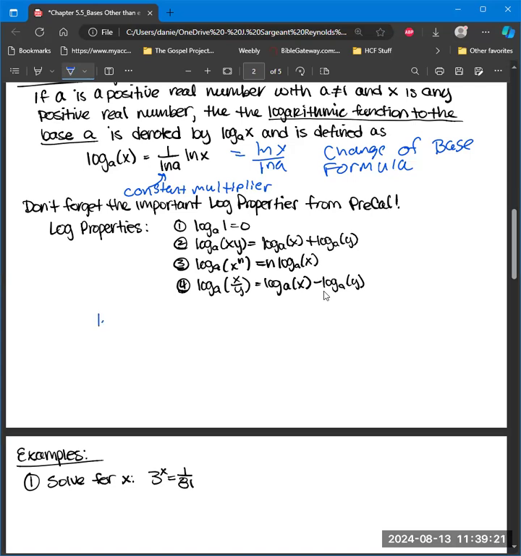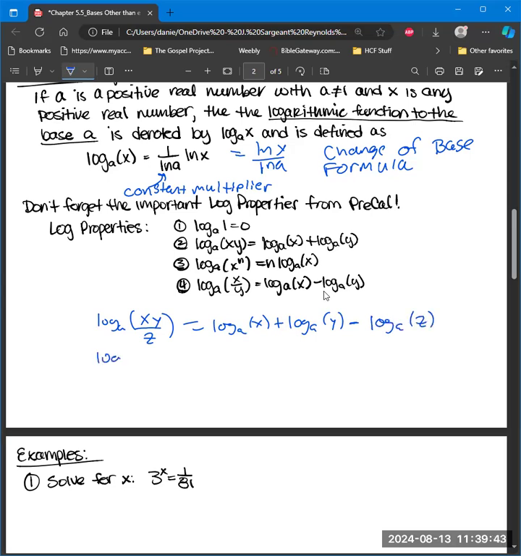So if I had something like log base a of xy over z, we would have log base a of x plus log base a of y. They stay positive because they're both in the top. Then I would subtract off log base a of z because it's in the bottom.